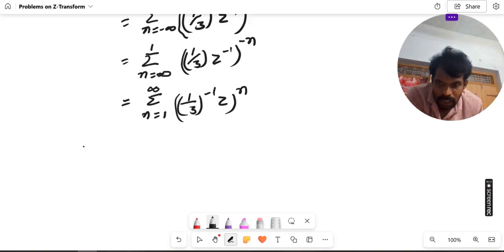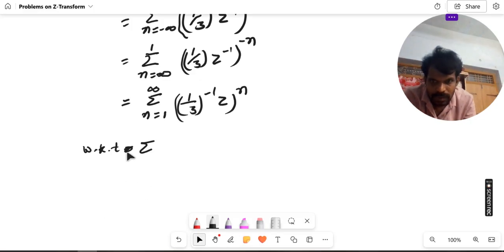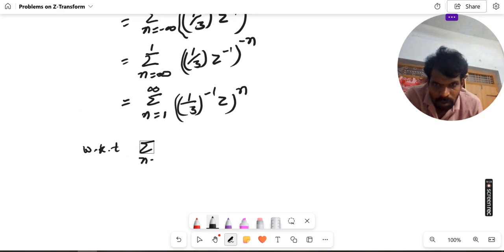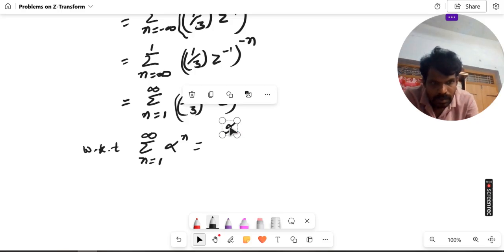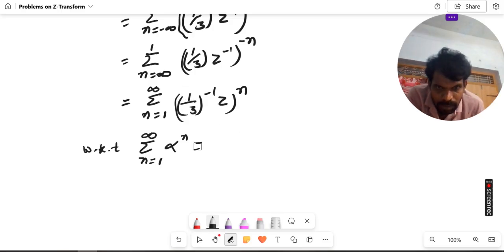So we know that summation n is equal to 1 to infinity alpha power n is equal to alpha by 1 minus alpha.